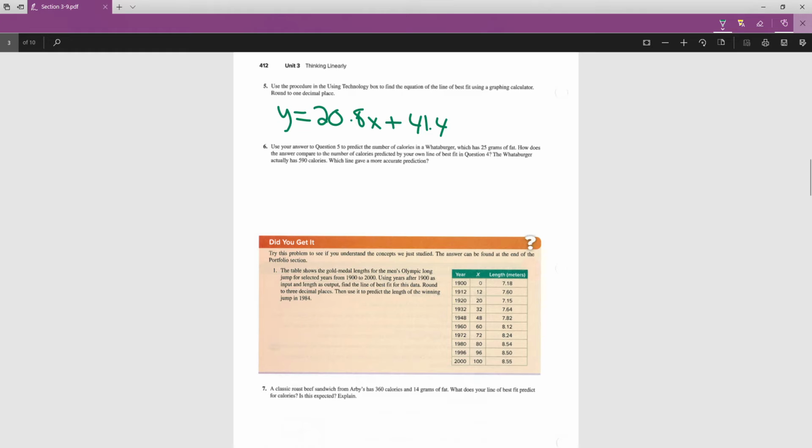we're using this today, sorry, I misspoke. They want us to use our equation that we found in number 4 and the equation we just found now to estimate how many calories should be in a Whataburger.